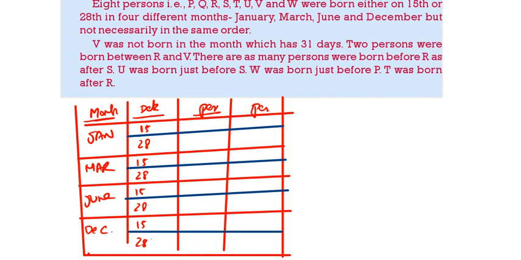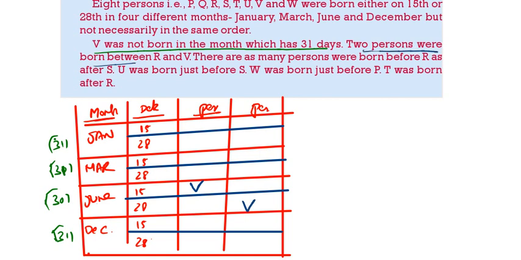Then if you see the days, January has 31 days, March 31, June 30, December 31. V was not born in a month having 31 days, so V is born in a 30-day month. V born in 30 days means it is definitely June, and it can be June 15th or June 28th, because only June has 30 days.